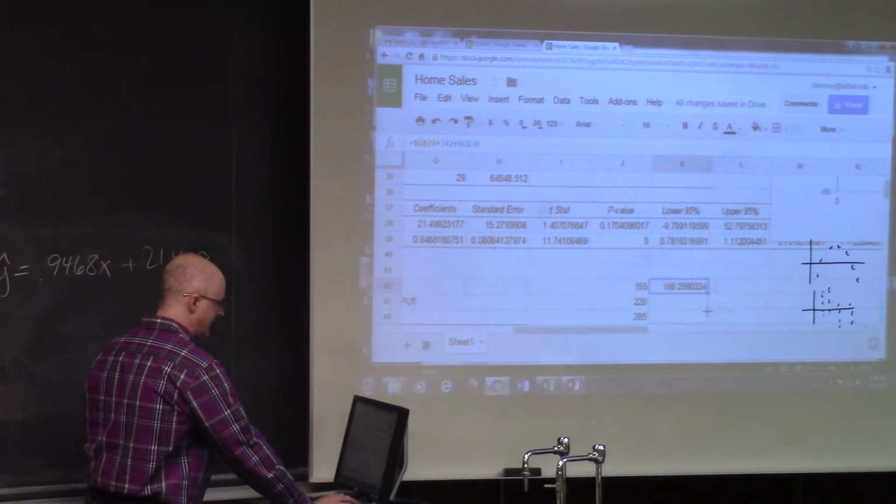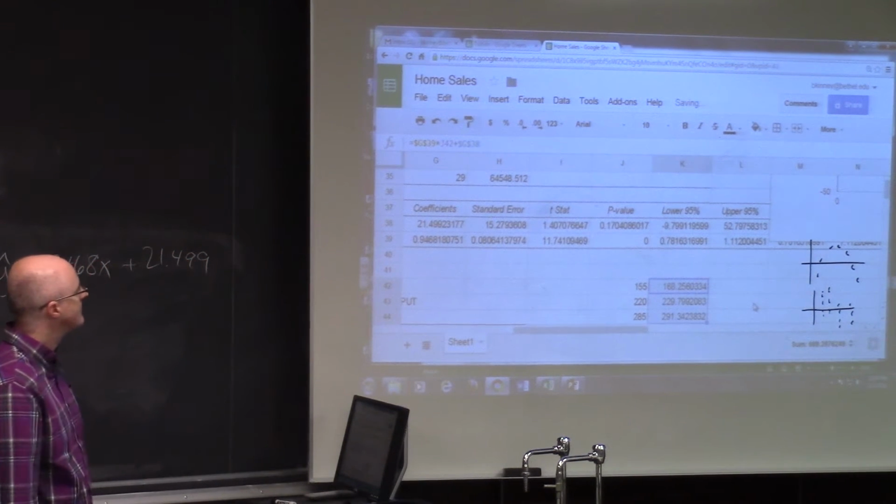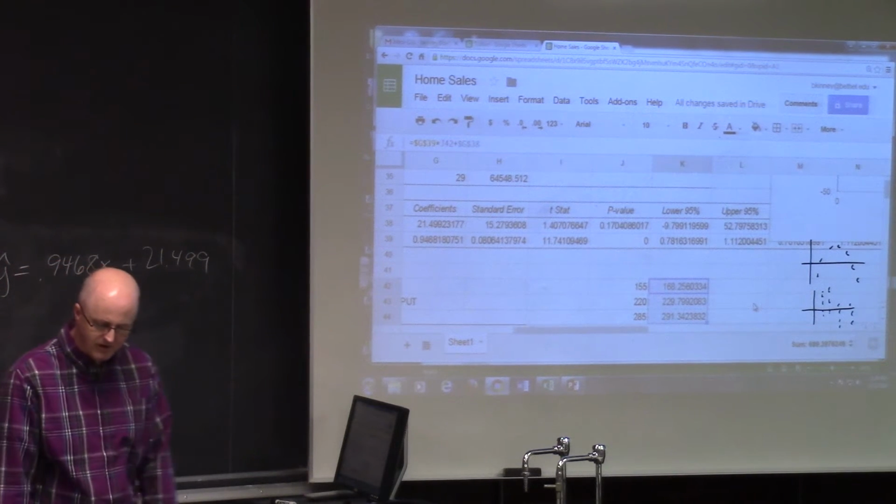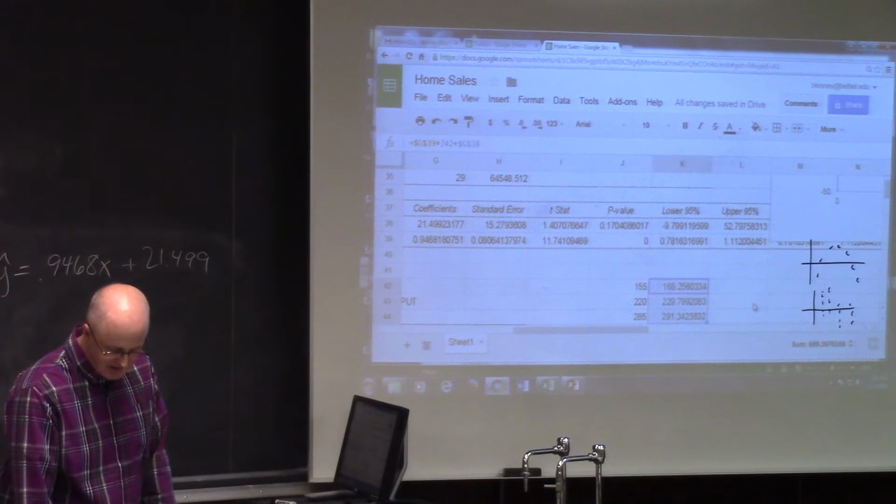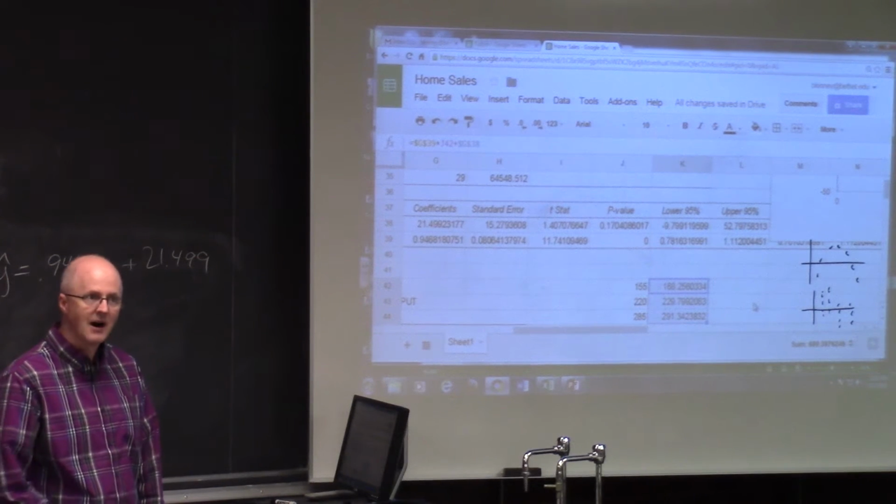We get these predicted values. Okay, so that would answer part A. Part B, you calculate the residual. I'll let you do that part.